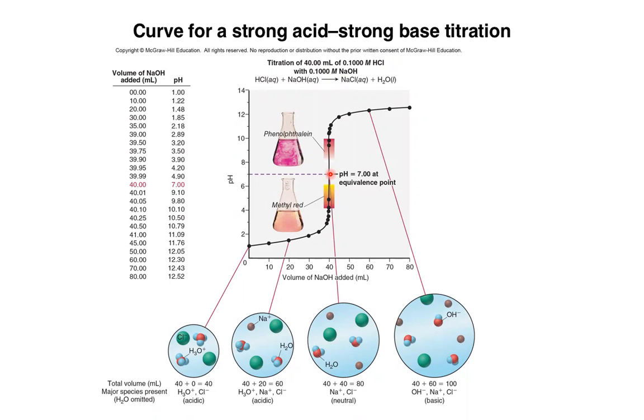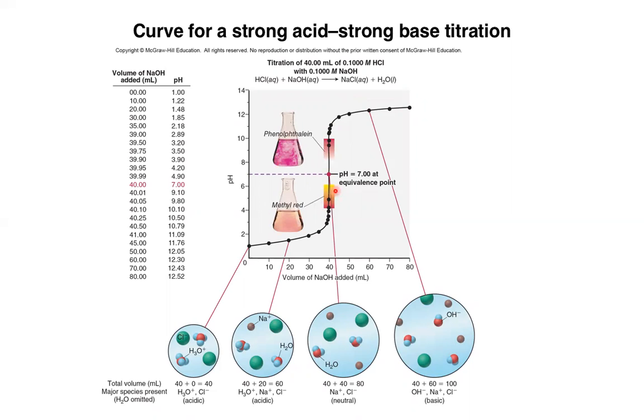In solution, all we have is the salt and water. The overall reaction is HCl plus NaOH gives NaCl plus H2O, and this happens at the equivalence point. If we keep adding base, of course, we will end up in a basic region.